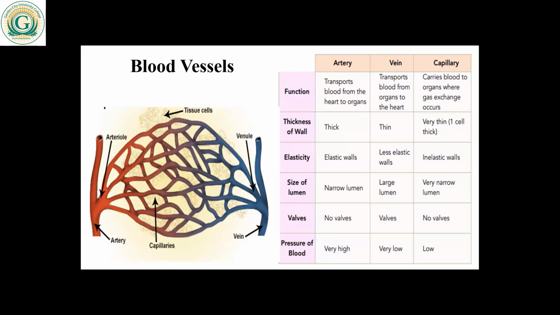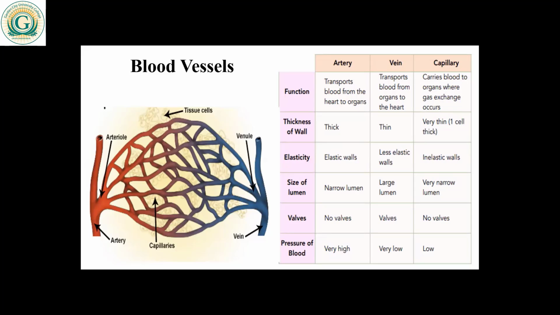Okay, so it stretches during blood flow so that it can allow for high pressure during blood circulation. Veins are less elastic, and with capillaries, there's no elasticity. And the artery has a narrow lumen compared to the vein. And capillaries also have a very narrow lumen.